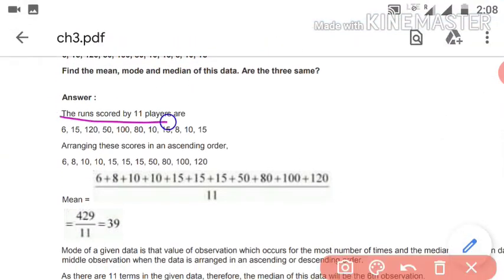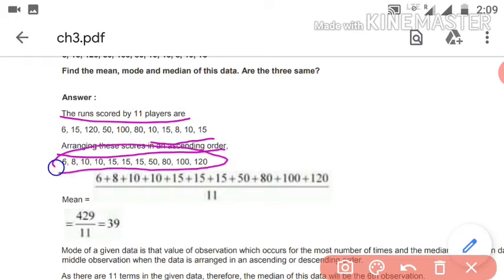The runs scored by 11 players are 6, 15, 120, 50, 100, 80, 10, 15, 8, 10 and 15. So these are the numbers. Now what you will do? Arrange all these numbers in ascending order in this way. Now mean. First we will find mean, isn't it?